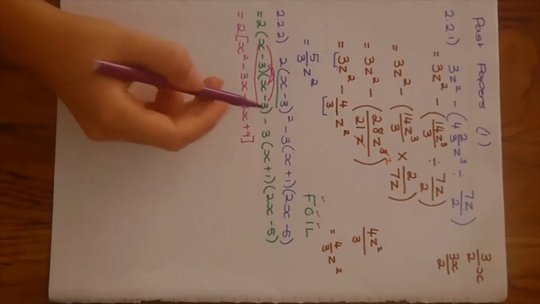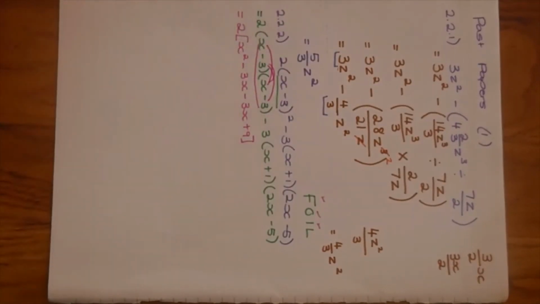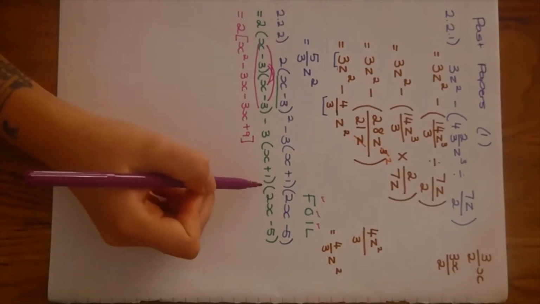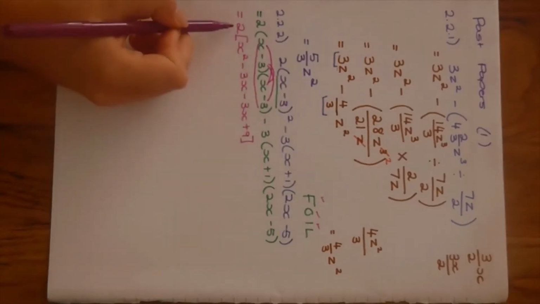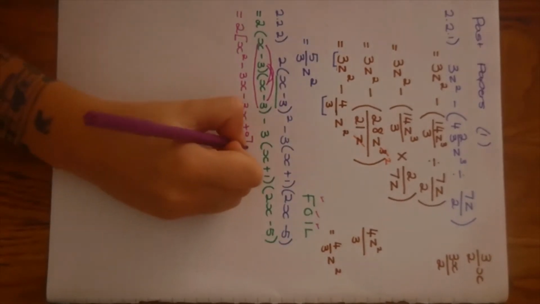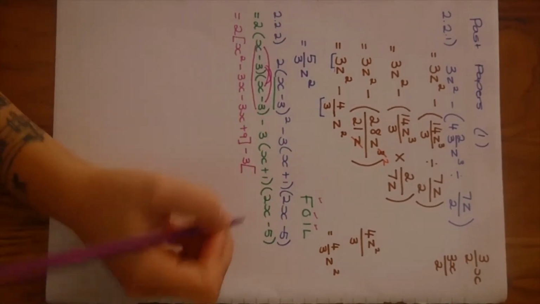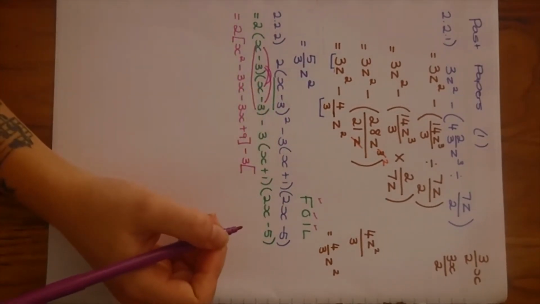Okay, I'm assuming with this foiling stuff, you guys have watched all the videos on it, so it shouldn't be too difficult now. Do you see that we have 2 brackets times each other again with a number in front? So I want you to do the same as what you did here. Just leave the number there and let's FOIL what's going on here, because then afterwards we can times the number in.